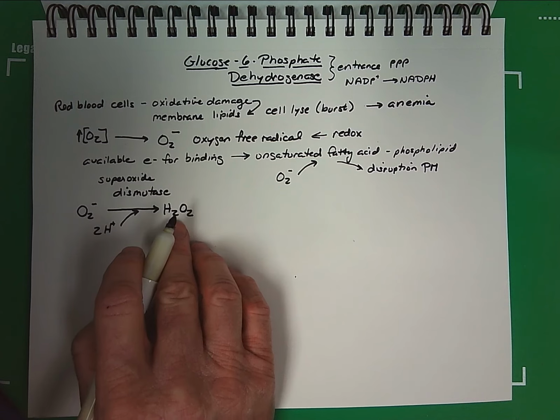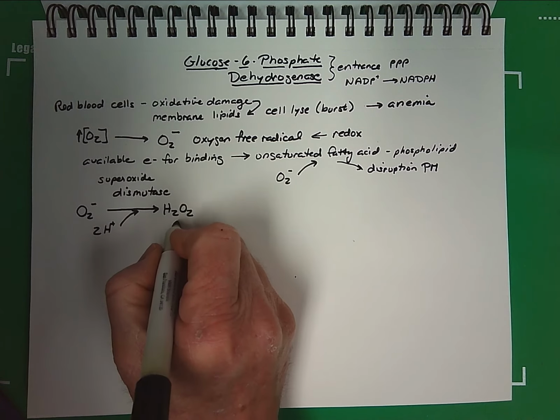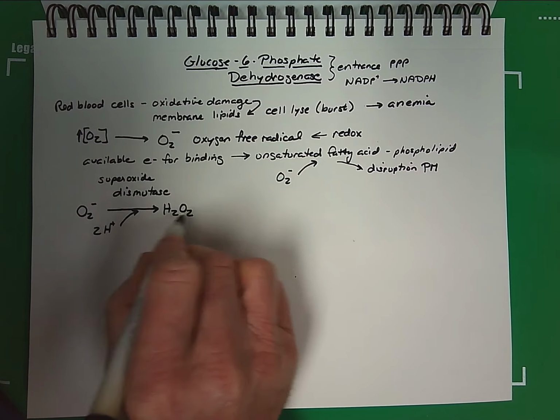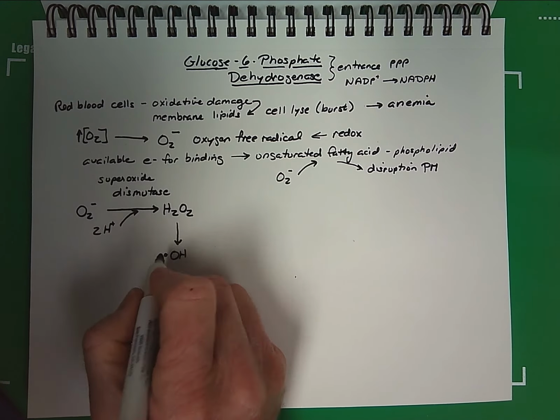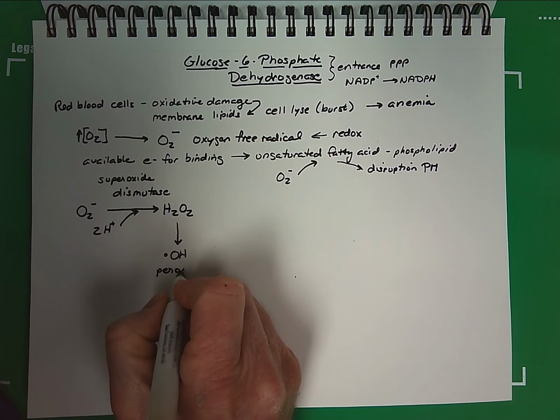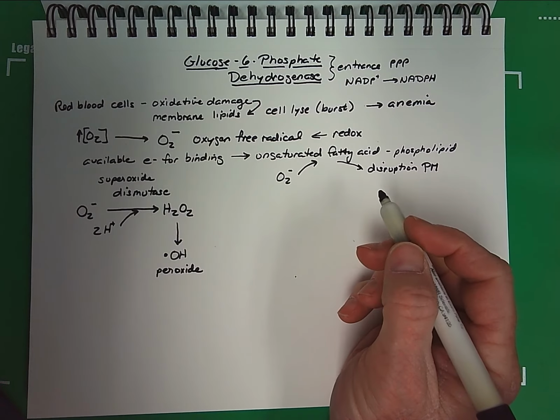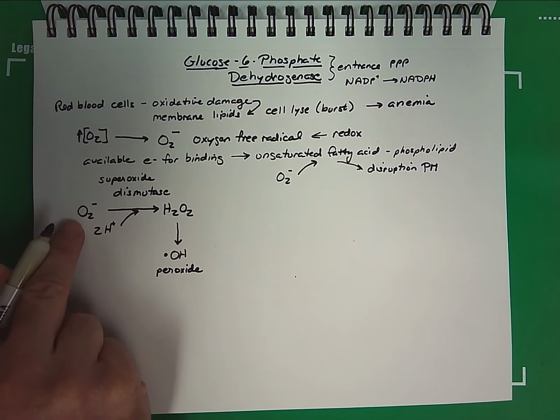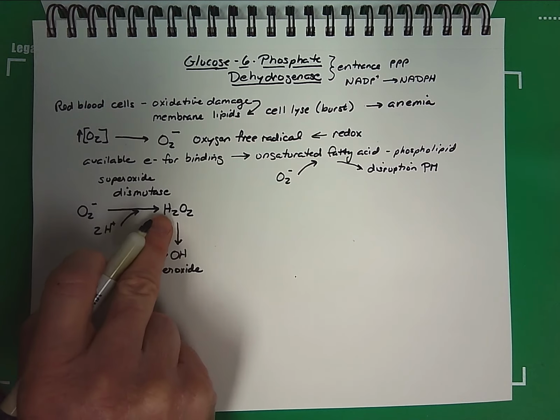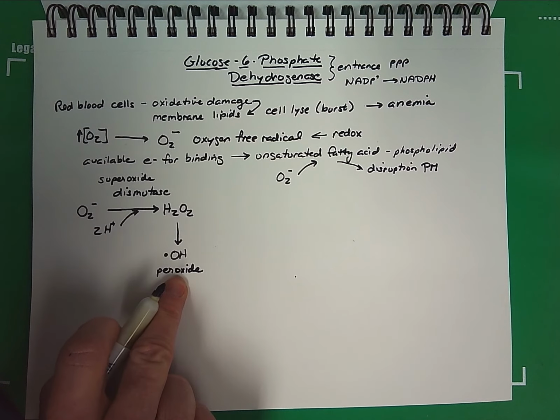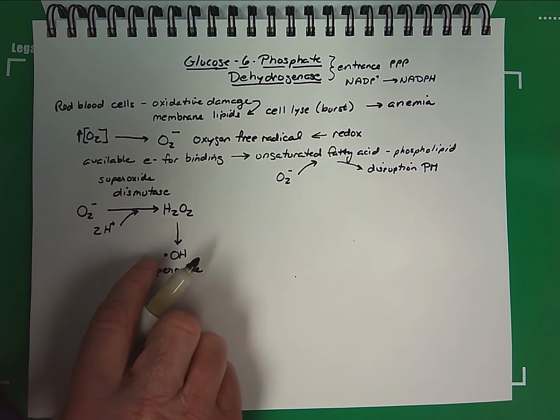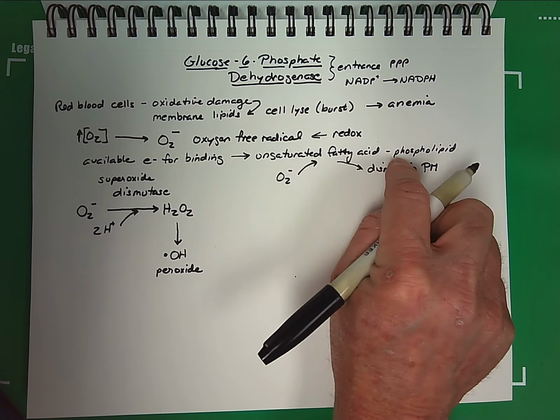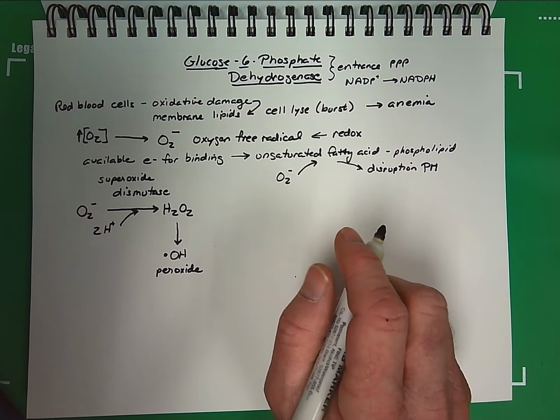Now this is just an intermediate step because, recall, hydrogen peroxide can also form peroxide free radicals. So the formation of hydrogen peroxide is protective against these free radical oxygens, but it can also break down into peroxides. Again, we have an unpaired electron, which can once again attack unsaturated fatty acids in the plasma membrane, causing cellular disruption.